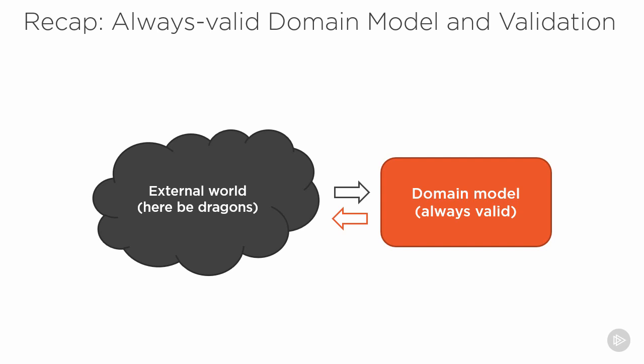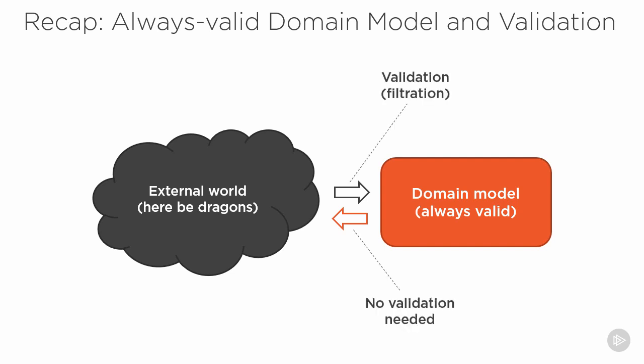On the other hand, the external world may and will be invalid. Your goal as a developer is to protect the domain model from the influence of the external world and not allow its invalidity to infiltrate when the two are communicating.